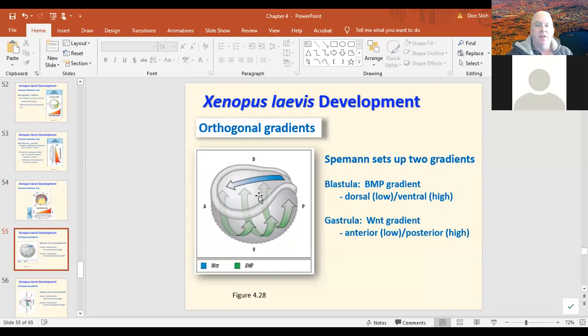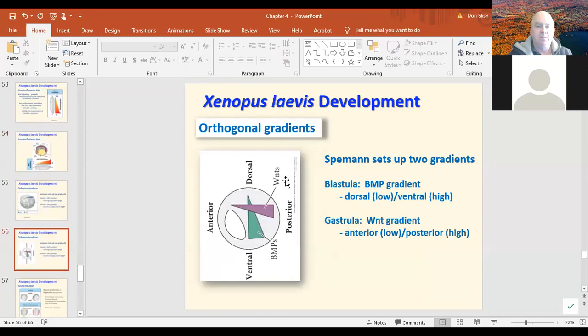So you've got this gradient of BMP from the bottom to the top, which is your dorsal ventral. And then you've got this other axis of Wnt expression in this direction, which is going to be low Wnt, high Wnt, and that's your AP axis. And you can see it here again another way if this helps you. I'm not going to dwell on this one though, because it's the same thing, just looking at it differently.